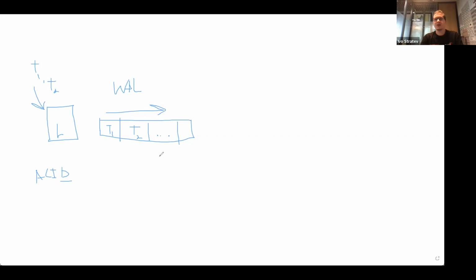But people found out that using those transaction logs or write-ahead logs is a very simple and good idea to replicate databases.